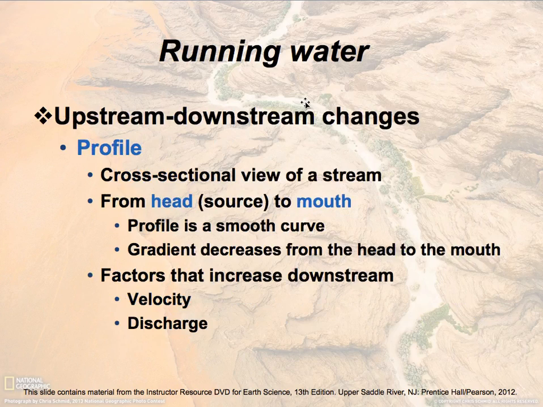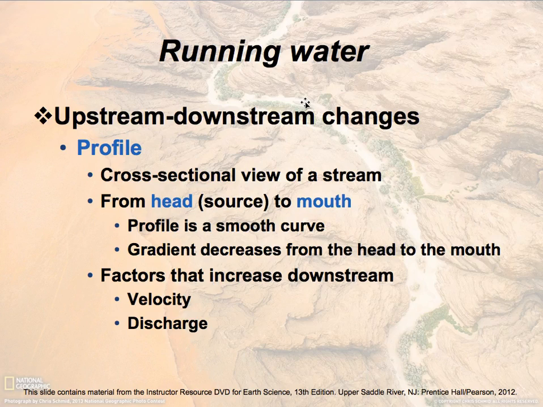Stream flow always occurs down gradient, that is, from higher elevations to lower elevations, and can be described by hydrogeologists or earth scientists in terms of what's called a stream profile. That's a cross-sectional view or a sideways picture of that stream, oftentimes on a graphical piece of paper.